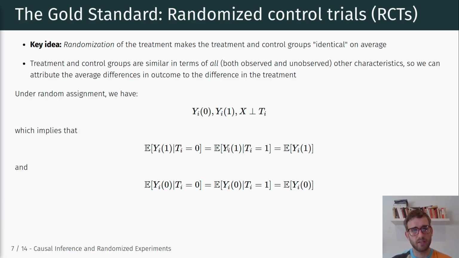Here we have the expectation of y1, so the potential outcome in the treatment group, for those observations that were actually assigned to the treatment group.